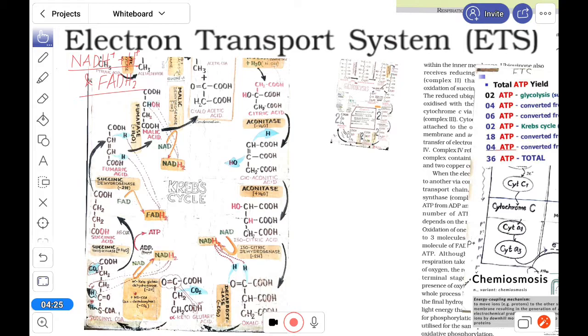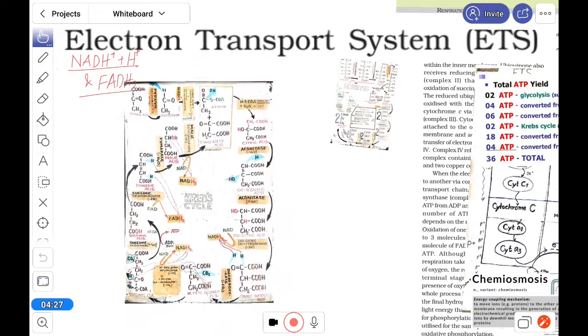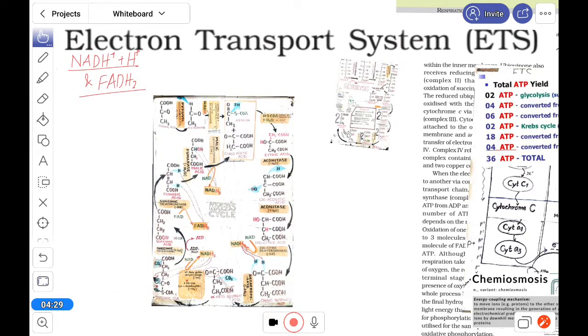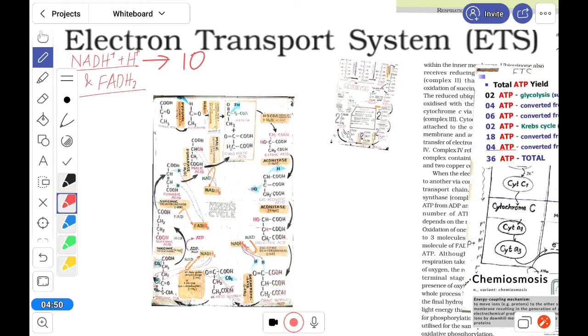All right, so in total it comes to 10 NADH plus H and 2 FADH2. If we can see this one, that will be the 10 and that will be the 2.